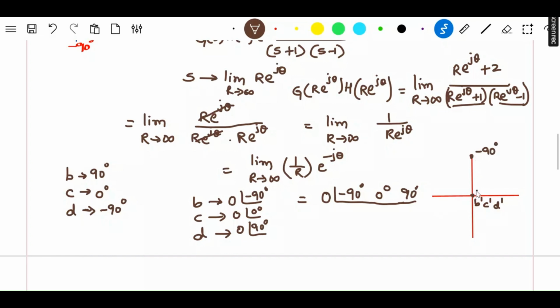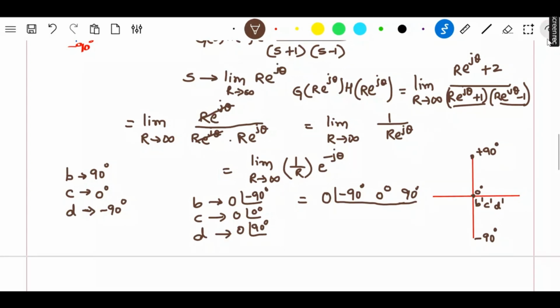For C dash, it is 0 degrees. For D dash, it is plus 90, and minus 90 for B dash, which comes at the bottom. So this is the trace for the path BCD, and I'll write this as B dash, C dash and D dash. Okay, we finished the trace for B dash, C dash and D dash.